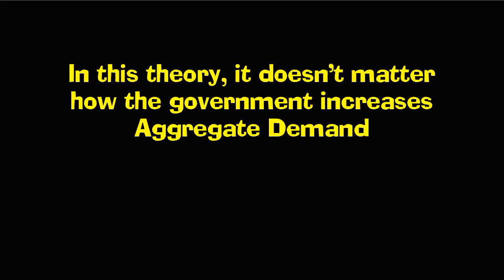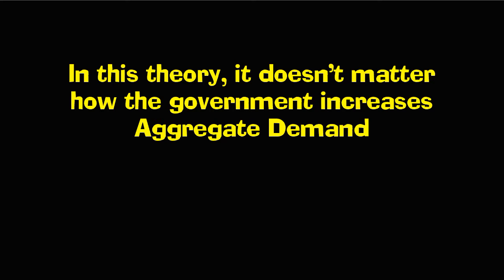All right. So in this theory, in aggregate demand and supply, it doesn't matter how the government increases aggregate demand. We got the same graphs for monetary policy as we got for fiscal policy. In the short run, monetary and fiscal policy in this theory can create jobs. And the reason is you have sticky wages. Wages don't move the way they're supposed to. Sticky wages and prices, right? This sticky wages and prices model.